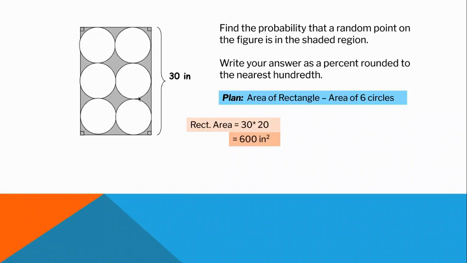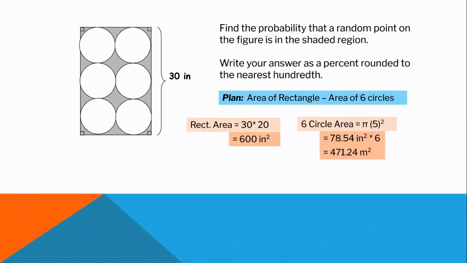That's the whole rectangle. Now let's think about the circles. If the diameter of the circle is 10, what is the radius? That would be 5. So I have 6 circles at pi times 5 squared. So that's 25 pi. Again, we're going to put it in the calculator because we want the decimal that we're going to round off, and there were 6 of those. So that's 471.24.